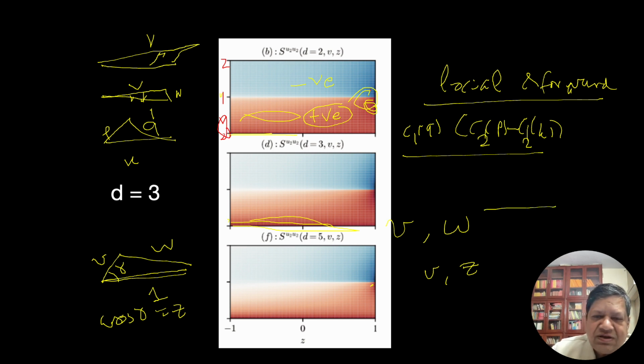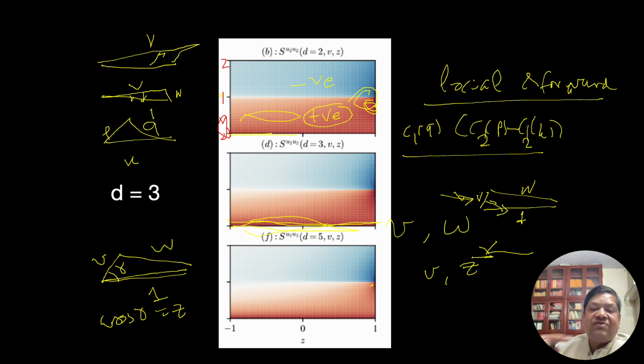V small means the giver is small. So for all givers, when these are all Z's, this angle can take any value, any direction. So all these V's are giving energy to 1. These are non-local transfers coming from small V to 1.